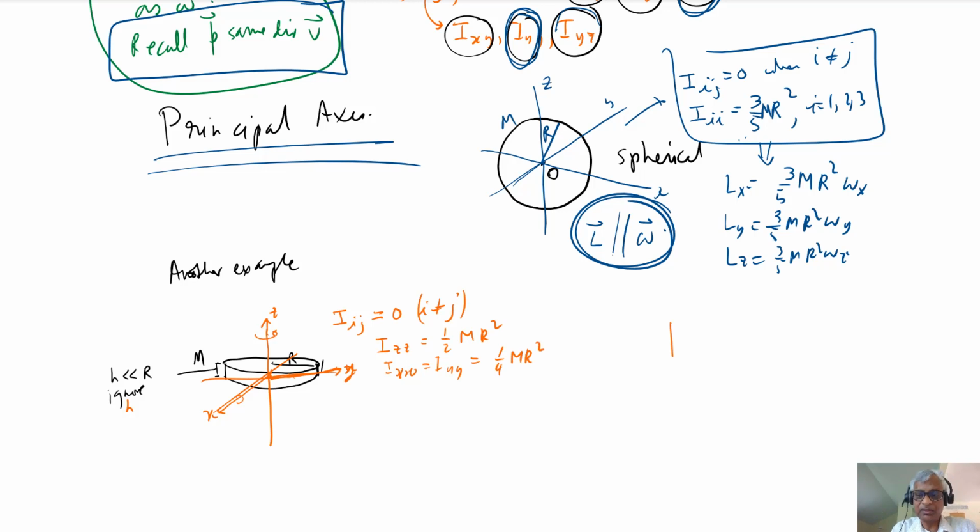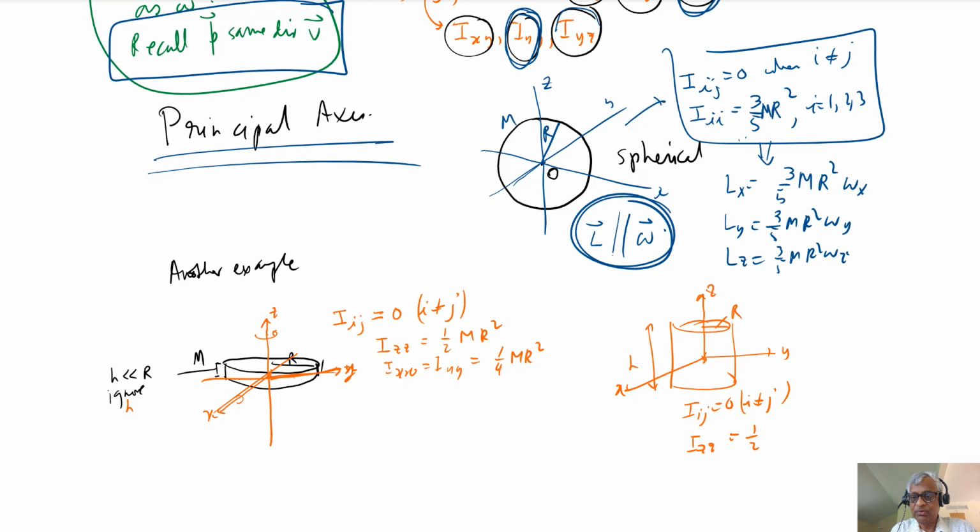Now, if you had an actual cylinder, you could not ignore the h, and this is r. This is the z-axis, and then you have y here and x here. Again, Iij will be 0 if i is not equal to j. Izz will still be the same, half mr square, because it's stacked up the same way.